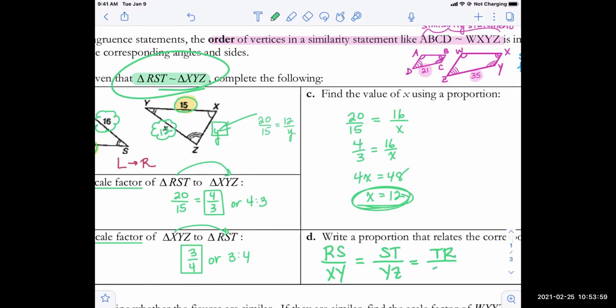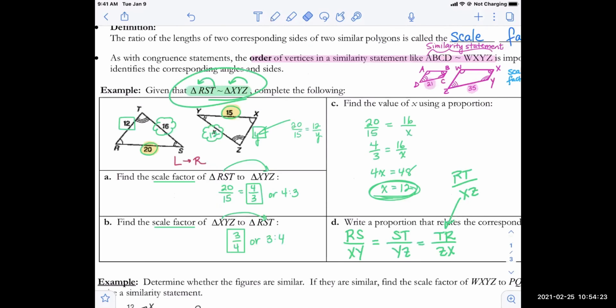TR to ZX. So notice that Sam went from T back to R. That's okay as long as you go in the same order like he did, okay? If you said RT there, then you would say XZ. Again, order matters just like it did with congruence. You want to make sure that the vertices that match up are in the right places.